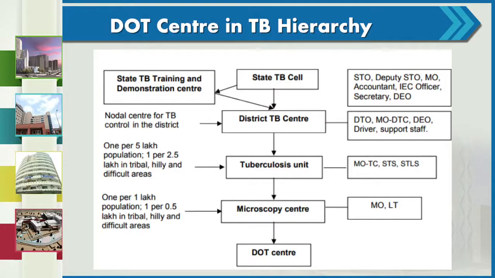Where is it located? There is a state TB cell, then a district TB center, then a tuberculosis unit, then a microscopy center, and then comes the DOT center. For example, in Delhi, there are 5 institutes, 25 chest clinics, and 200 DOTS and microscopy centers combined.